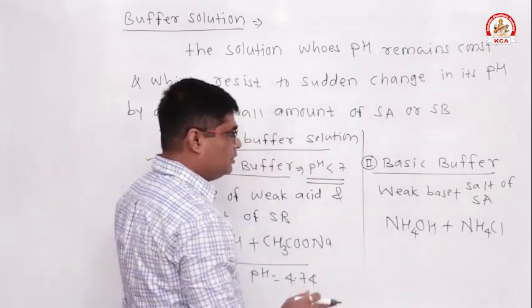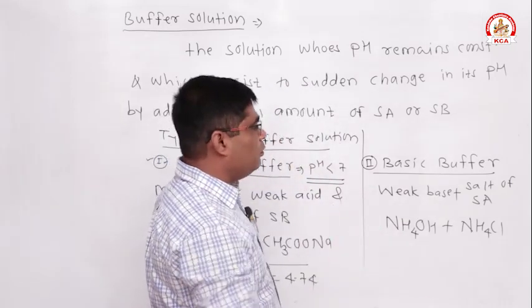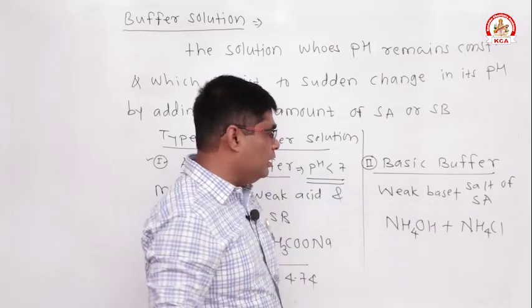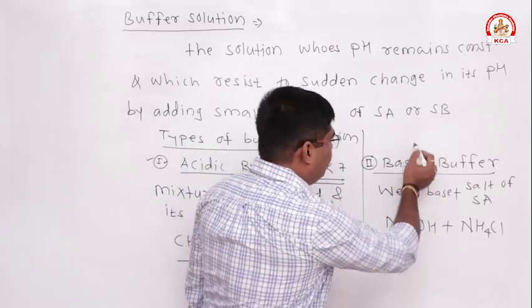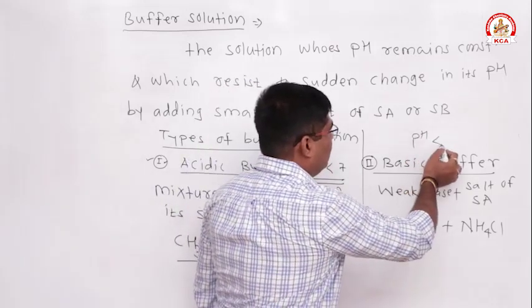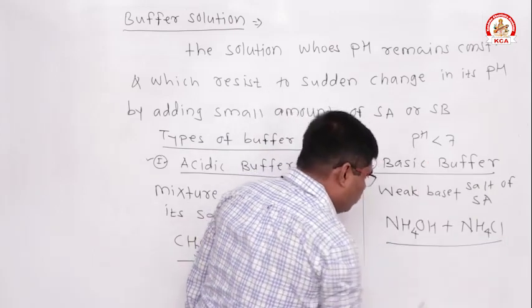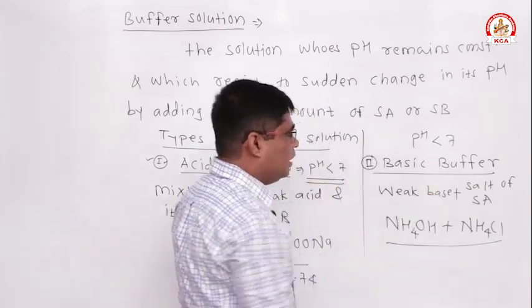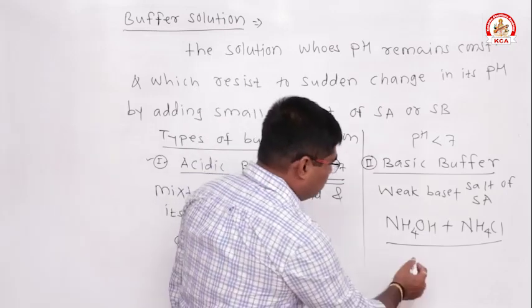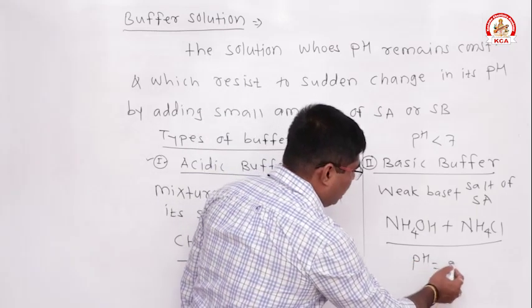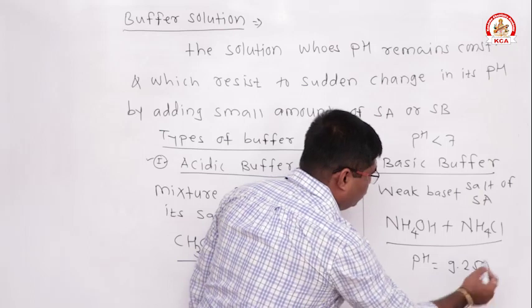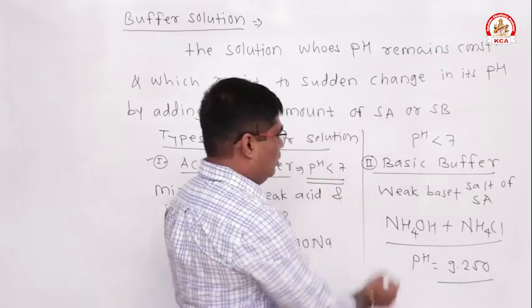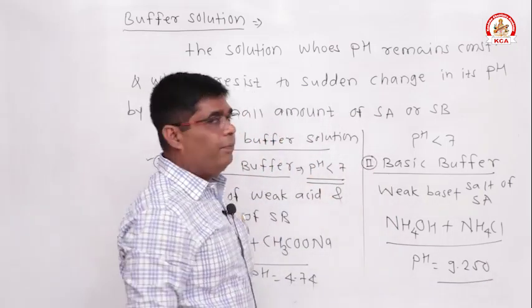This is the basic buffer whose pH is greater than 7, actually 9.25, and therefore this solution is known as the basic buffer.